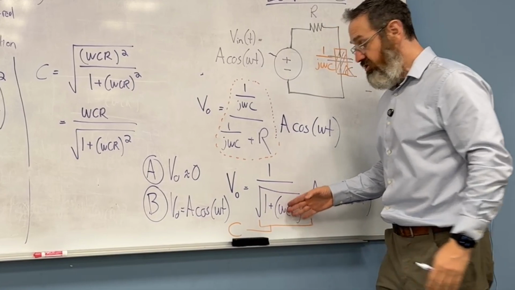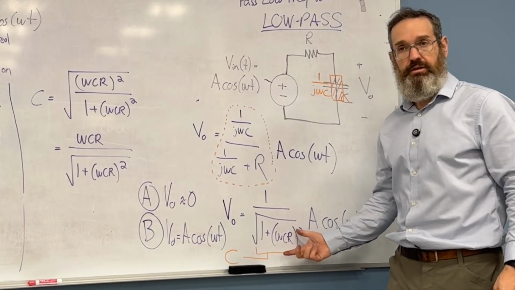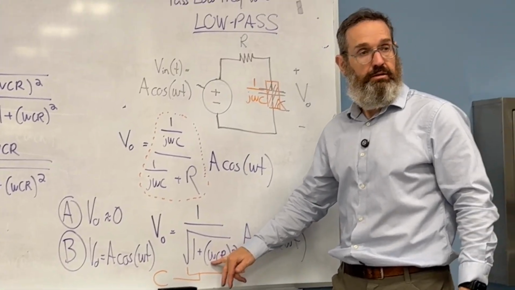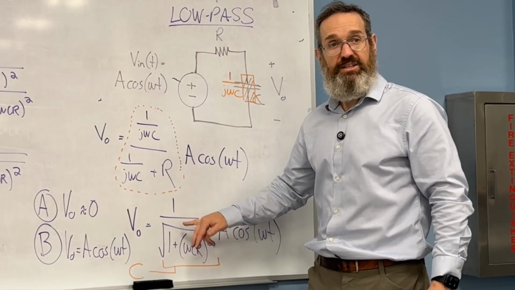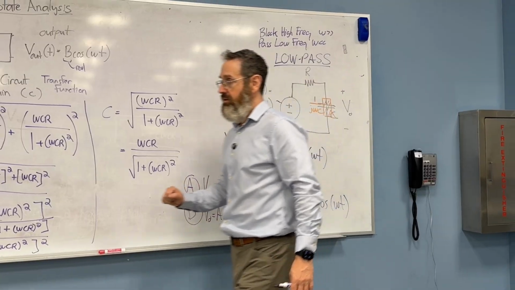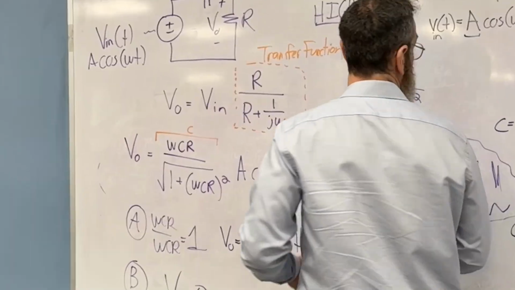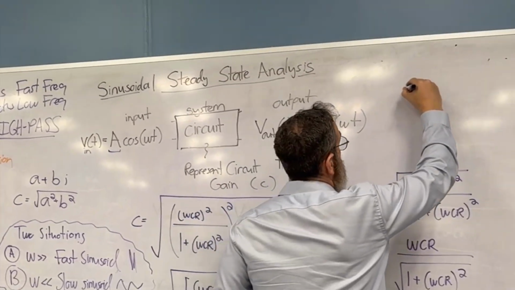We derived it by looking at the equation for the circuit. The equation for this circuit has a W in it, and that's where this behavior comes in. Once again, the voltage divider.